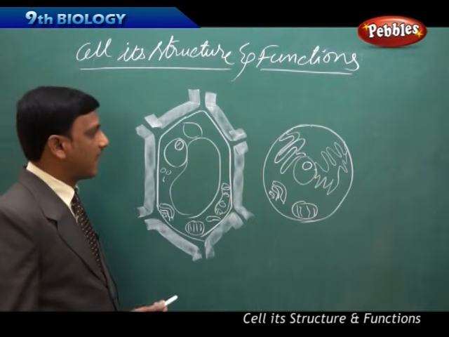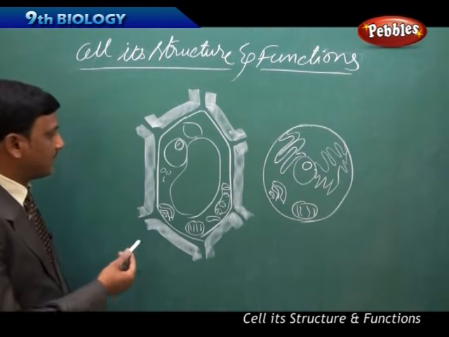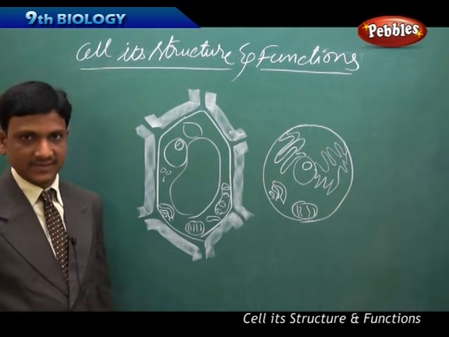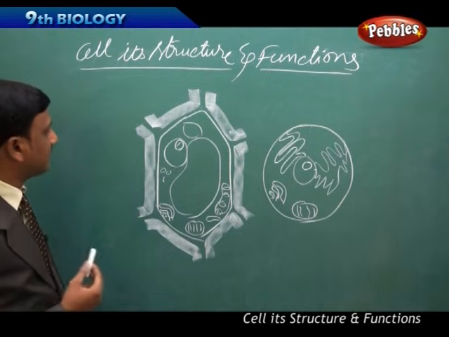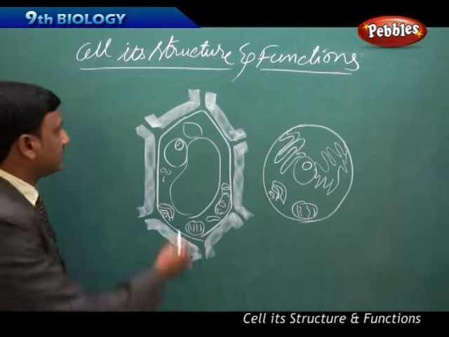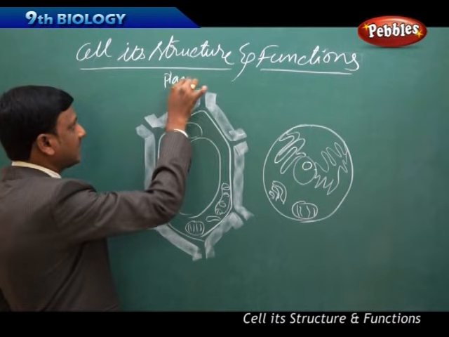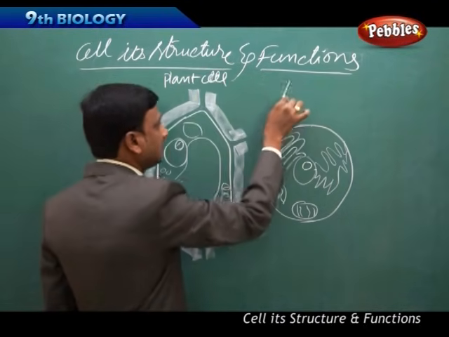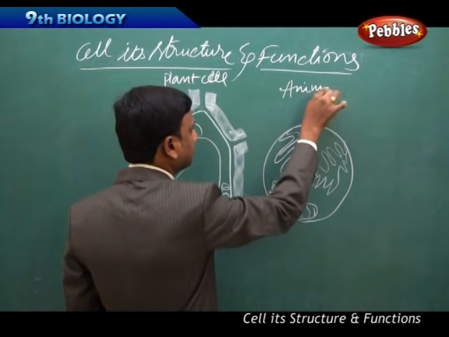Now, here we have the diagrams of a typical plant cell and an animal cell. Let us label their parts and see the differences and similarities among them. So, this is a plant cell and this is an animal cell.